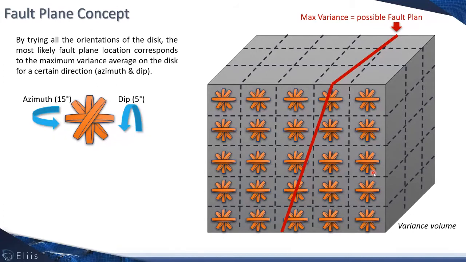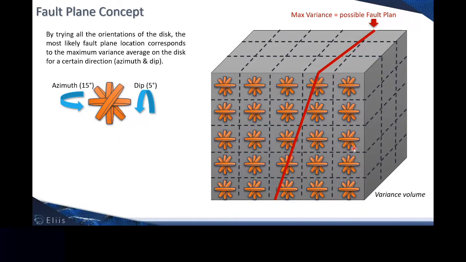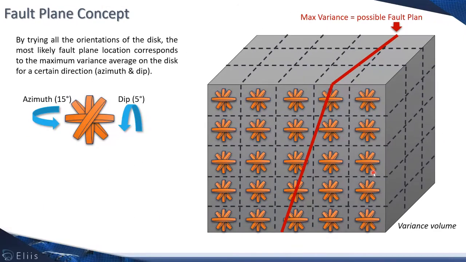PaleoScan will make this disk spin for every azimuth step, and for every single azimuth, it will make the disk spin with a dip step of 5 degrees. PaleoScan will do it for every single pixel.